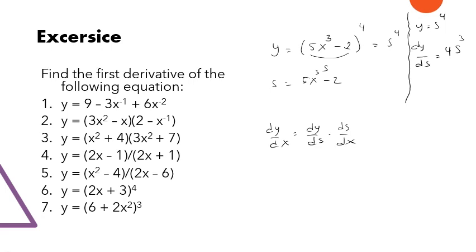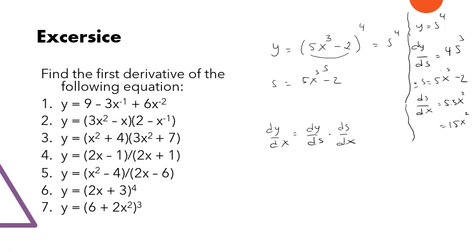And the other one is s equals 5x^3 minus 2, and the derivative of s with respect to x becomes 5 times 3x squared, right? And minus 2 derived with x is 0, so this is 15x squared.